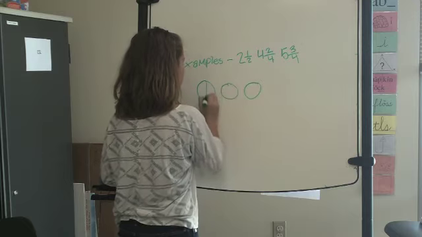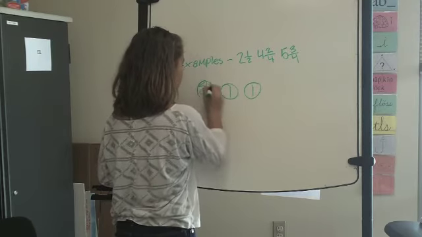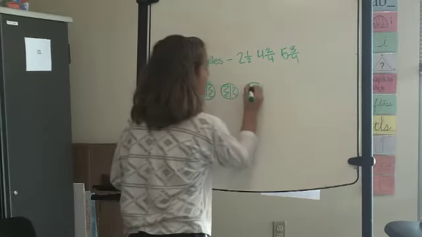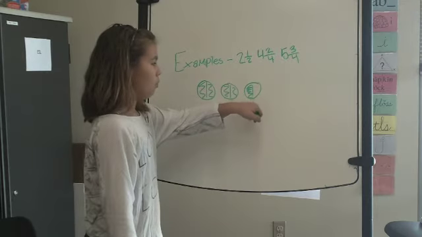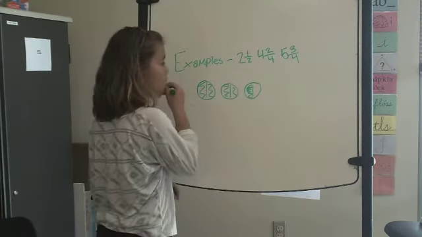So it would be two whole pieces. That's 1 whole and that's 2, with another half shaded in. So that's 2 and a half. And then 4 and 2/4 would look like this.